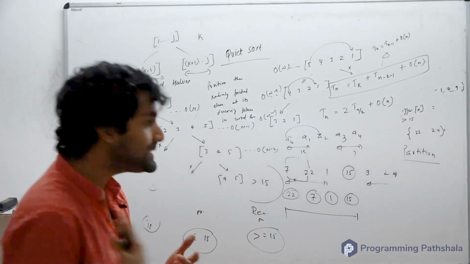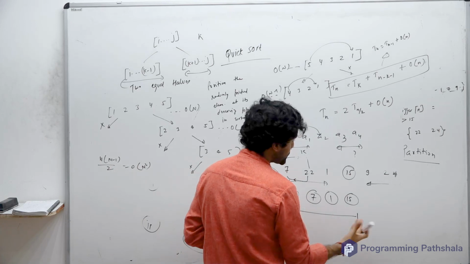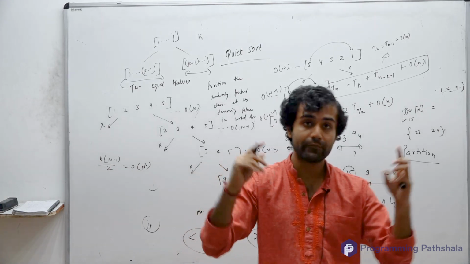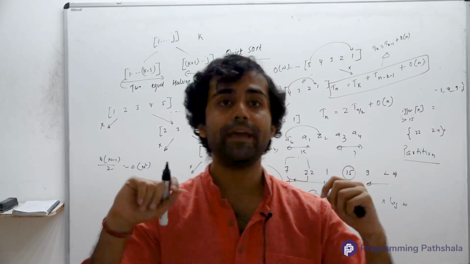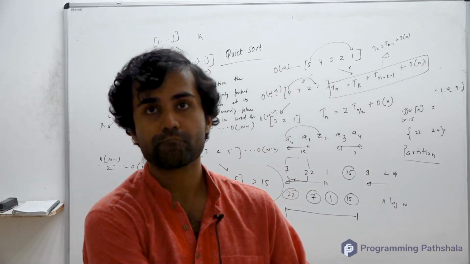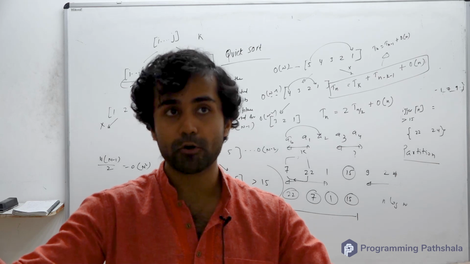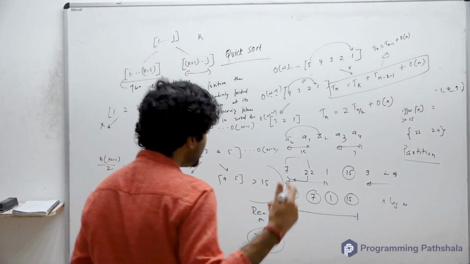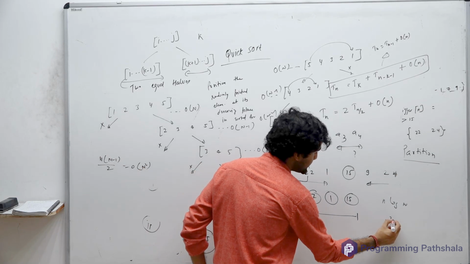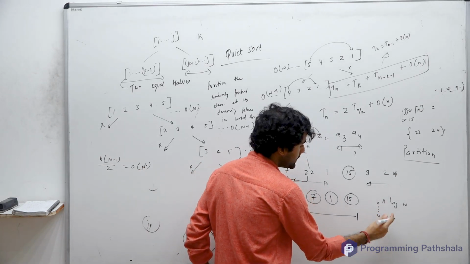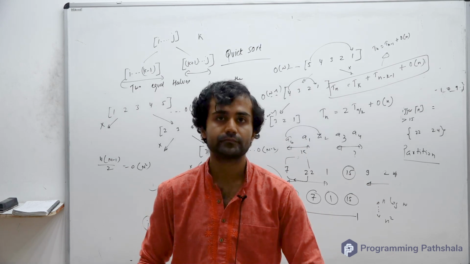So the best case time complexity of quick sort is n log n. And this will only happen when you have got such a kind of input where every time when you are partitioning, you are getting the two problems of equal sizes. So the best case time complexity is n log n and the worst case time complexity is n square.